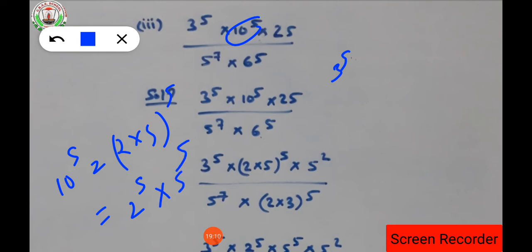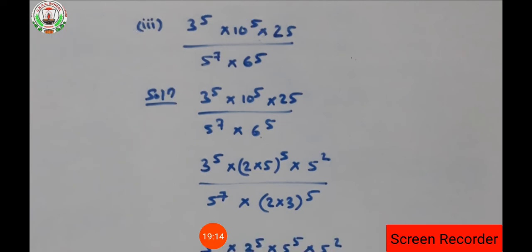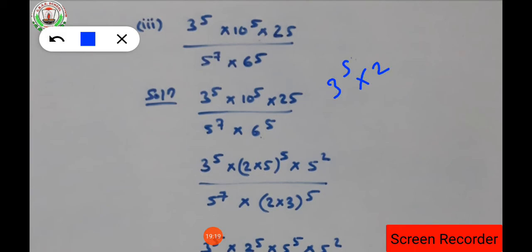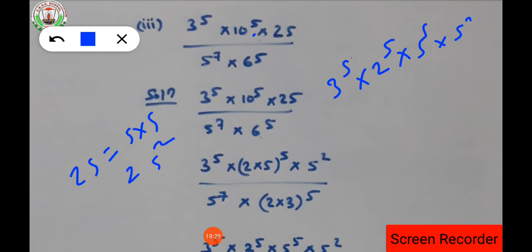So directly can we write it? Of course we can write it directly. 3 to the power 5 into 2 to the power 5 into 5 to the power 5 into 25, which can be written as 5 into 5. So that will be 5 to the power 2, isn't it? So here 5 to the power 2 upon 5 to the power 7 into 6 is here.